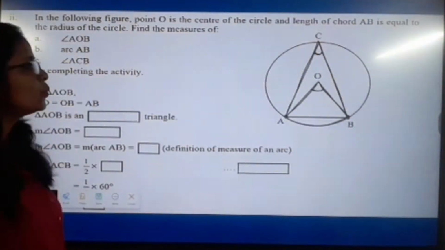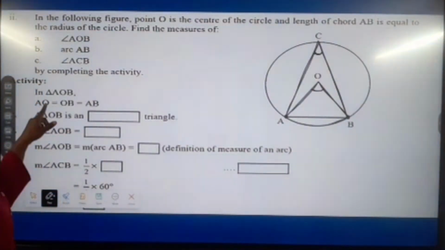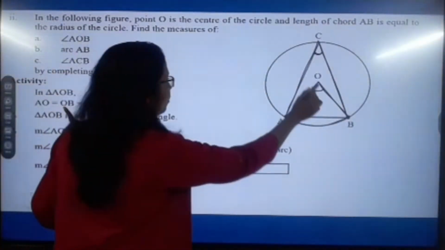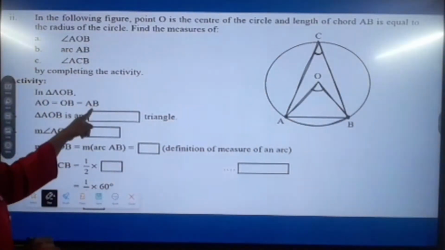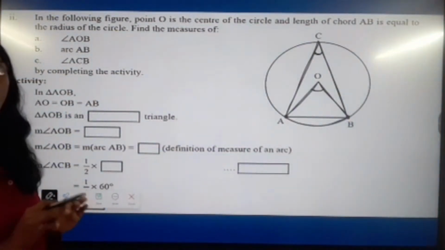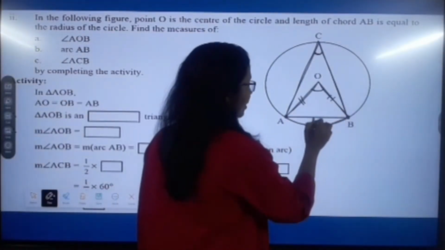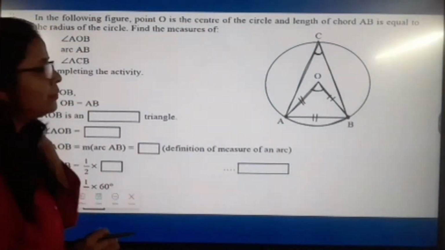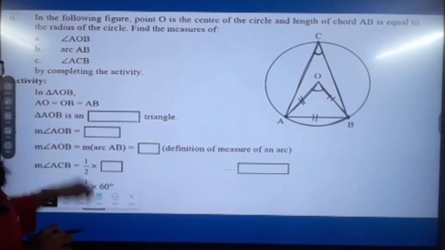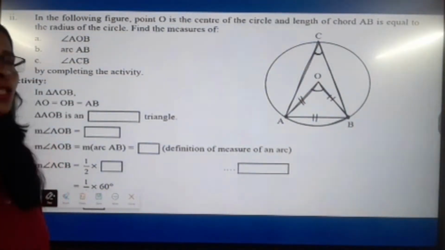Now students, see the activity in triangle AOB. In triangle AOB, AO is equal to OB is equal to AB. All the sides are equal, and that means the triangle AOB is an equilateral triangle.